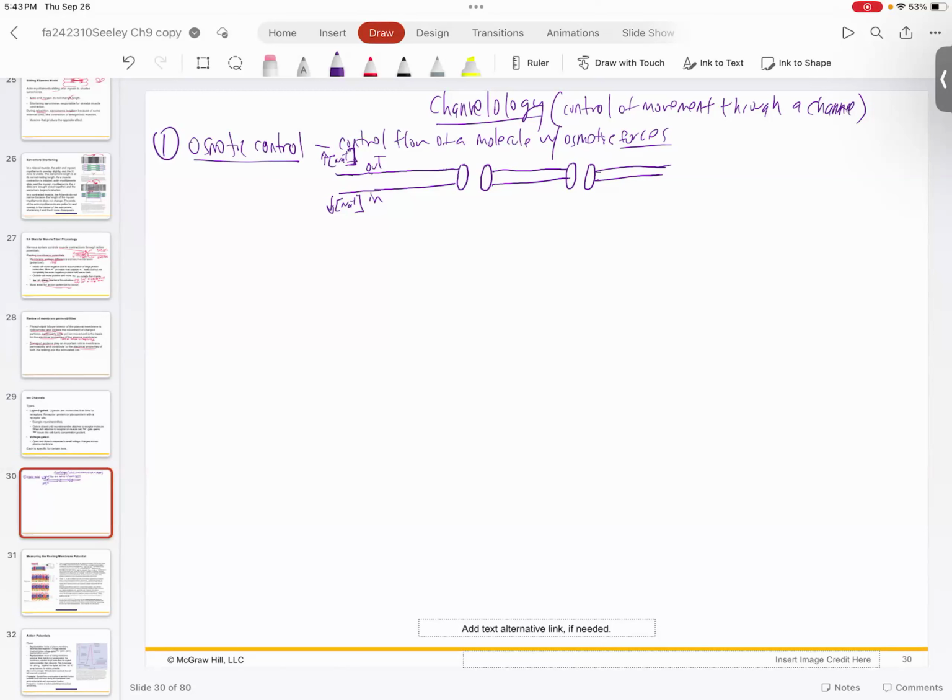So given the definition of diffusion, and from what I wrote here on the screen, which direction would you expect sodium to flow?